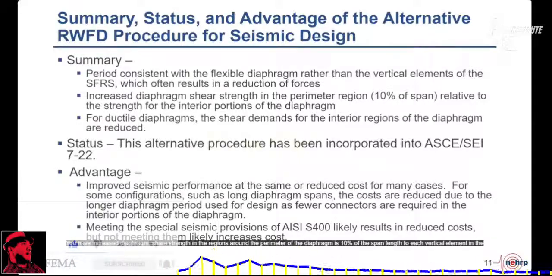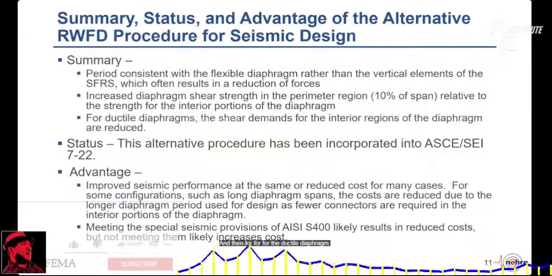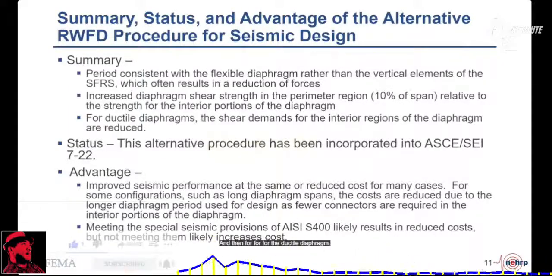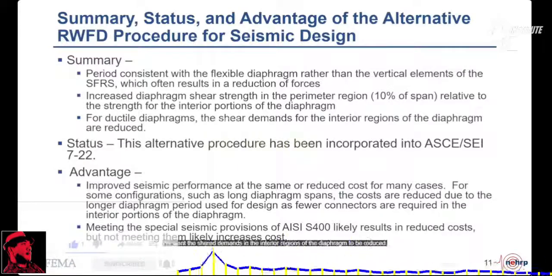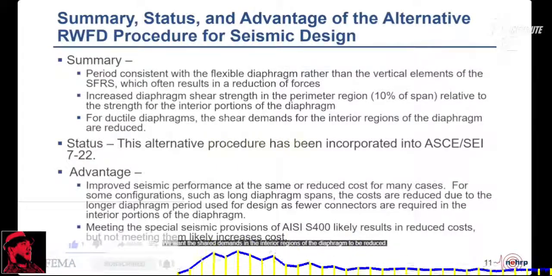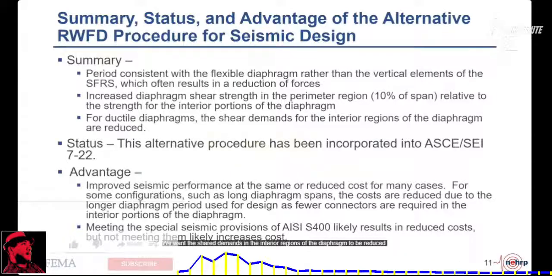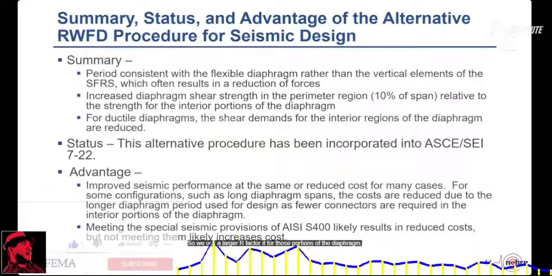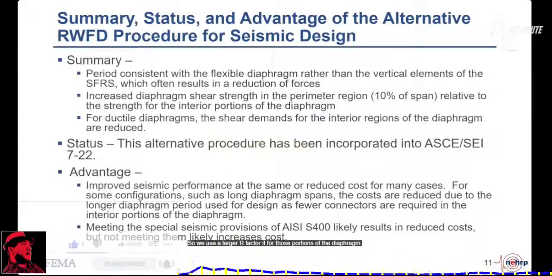It's 10% of the span length to each vertical element. And then for the ductile diaphragms, we want the shear demands in the interior regions of the diaphragm to be reduced. So we use a larger R factor for those portions of the diaphragm.